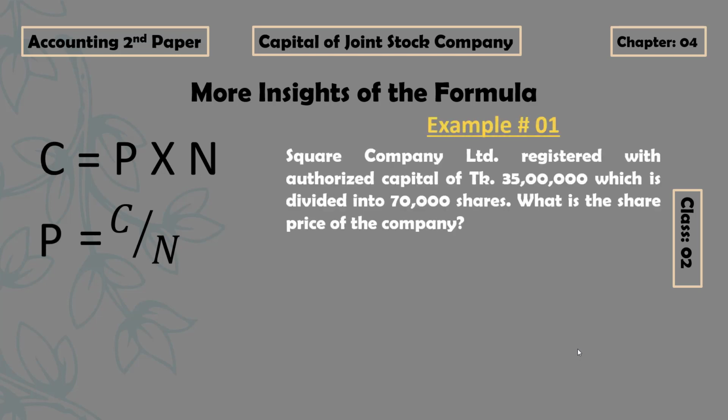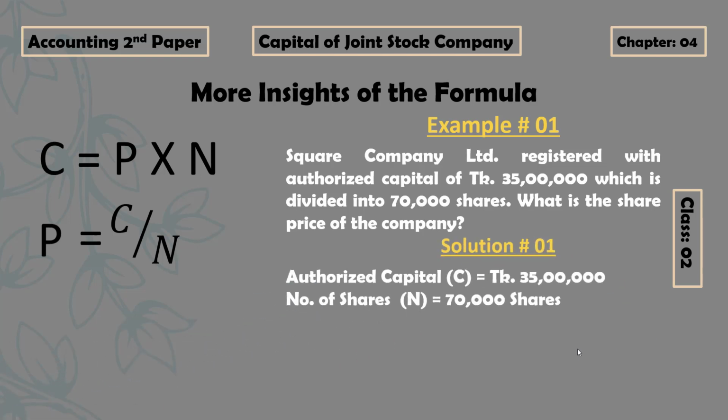Let's take an example. Example 1: Square Company Limited registered with authorized capital of Taka 35 lakh, which is divided into 70,000 shares. Find the share price of the company. Let's see the solution. From the problem we got authorized capital C equals 35 lakh and number of shares N equals 70,000.